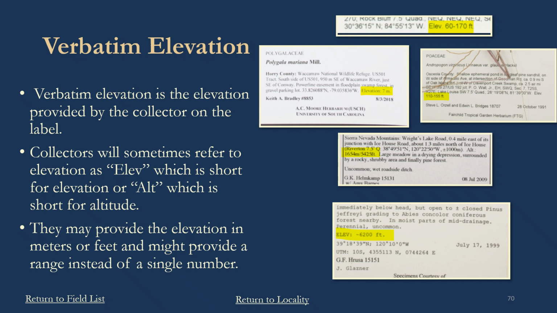Verbatim elevation is the elevation provided by the collector on the herbarium specimen label. Collectors will sometimes refer to elevation as ELEV, which is short for elevation, or ALT, which is short for altitude. They may provide the elevation in meters or feet and might provide a range instead of a single number. Whatever the collector provides, you will write it into the verbatim elevation exactly as it appears on the label, special characters and all.